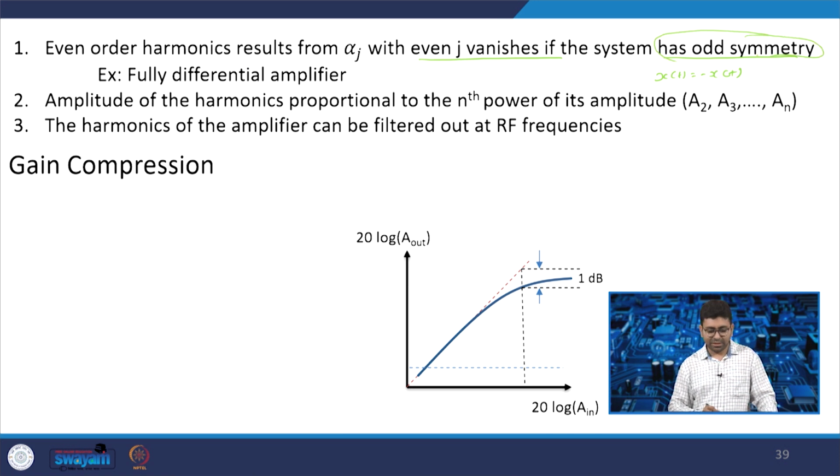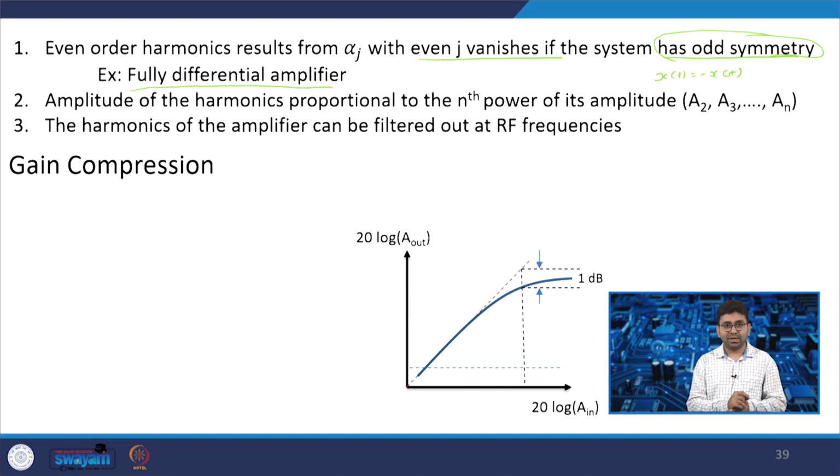If the system has odd symmetry, the example is a fully differential amplifier. For a fully differential amplifier, you can consider that even order harmonics will be reduced or eliminated. That is why we use the fully differential structure in the complete receiver chain, so that one of the harmonic components we can directly suppress.